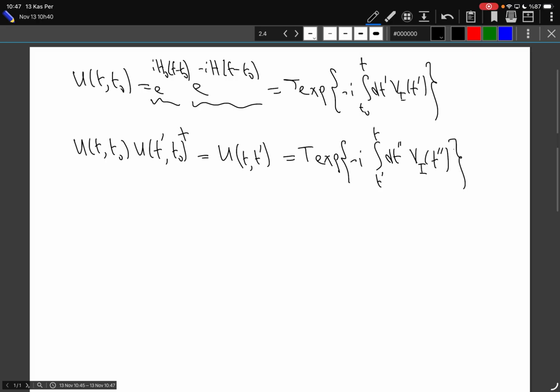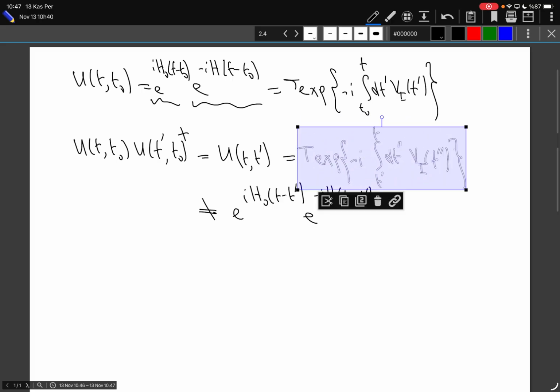Now, one mistake that I had made: this is not equal to e to the power iH0(t minus t prime), e to the power minus iH(t minus t prime). They are not equal. That was the mistake I made. Because you see, in this expression, although t0 doesn't seem to appear, it is there in the definition of V_I.